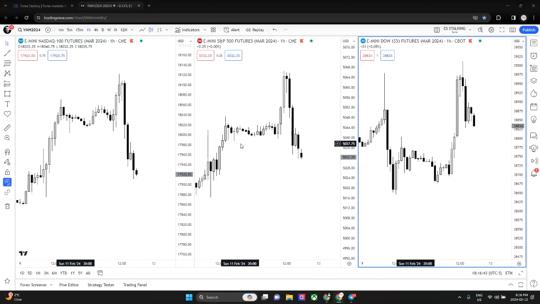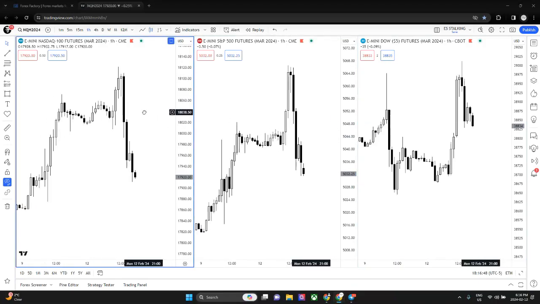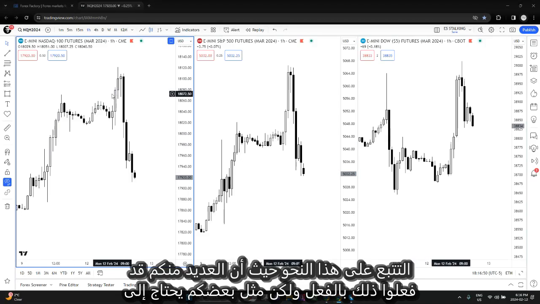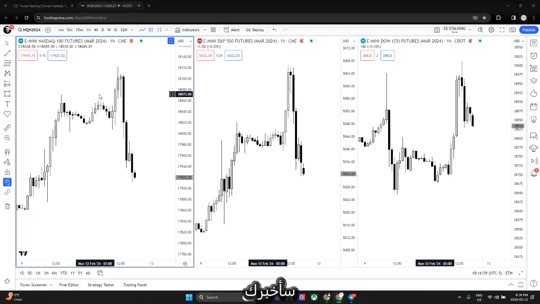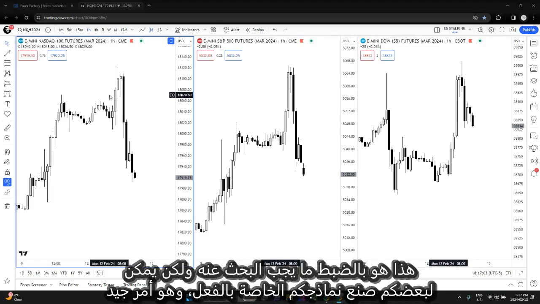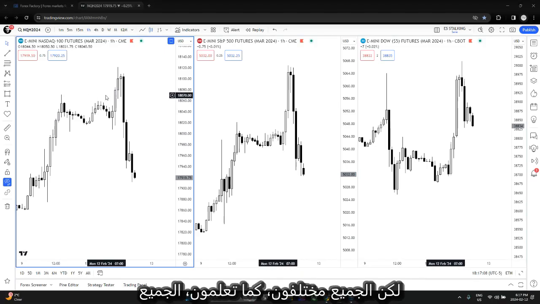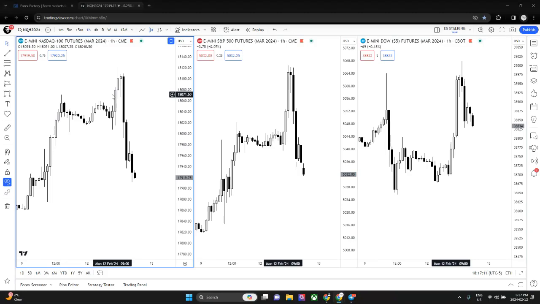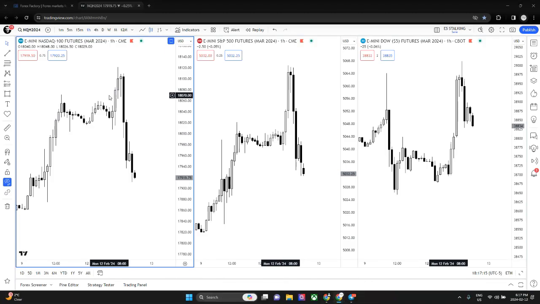A lot of you will be posting trades, and I'm pretty sure afterwards, as many of you have already been doing. Some of you need me to tell you exactly what to look for, but some of you can make your own models already, which is good. But everyone's different. Everyone picks up information at a different speed.